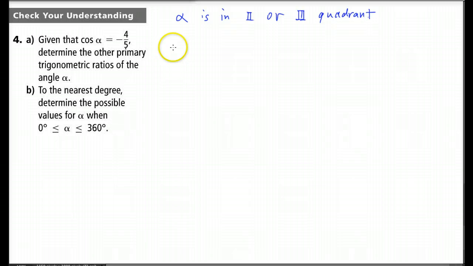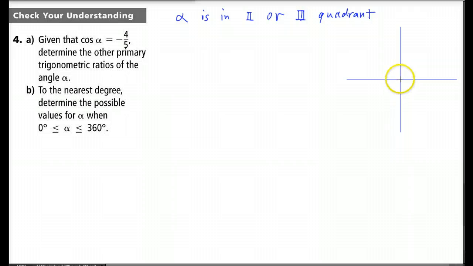Okay, and then to find out the other trigonometric ratios, we need to figure out the triangle formed by the reference angle. So let's find out the reference angle first. First of all, let's draw the angle diagram.